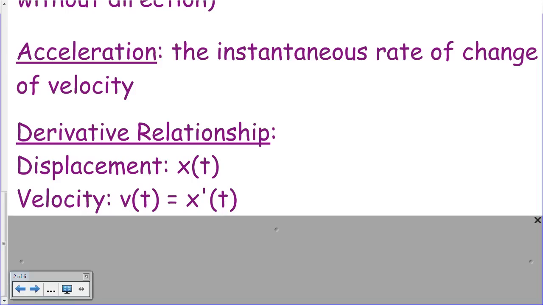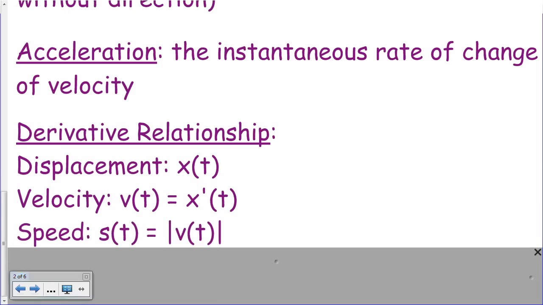It's equal to x prime of t. Speed, of course, we'll call s of t. Speed is the absolute value of your velocity. So once you come up with your velocity, take the absolute value of it, and you've got yourself the speed.